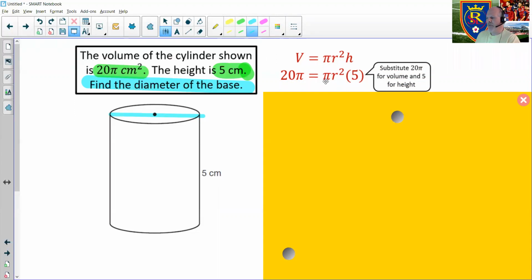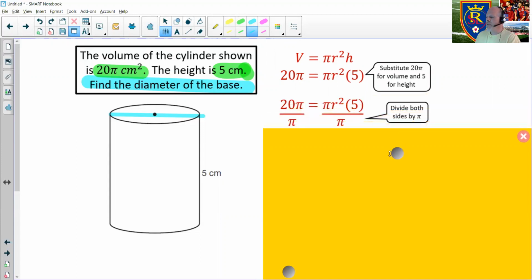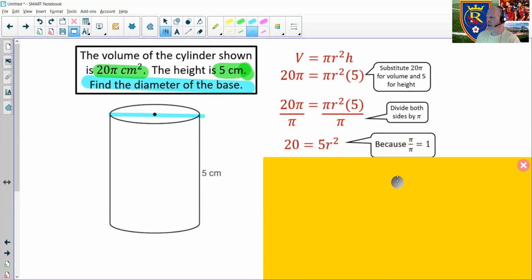Notice now that we have a pi on both sides of the equation. So if we divide both sides by pi, then they end up canceling out because pi over pi equals 1. So we can just cross out the pi over pi and the pi over pi, and we're left with 20 equals 5r squared.